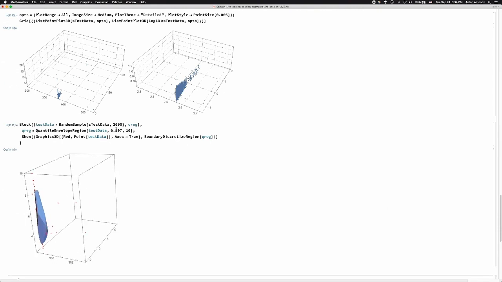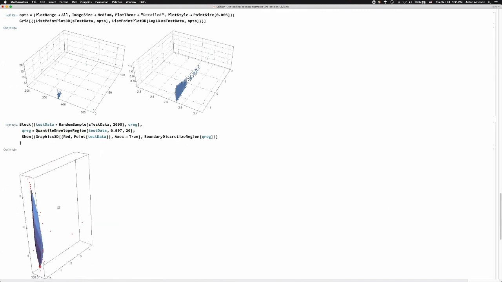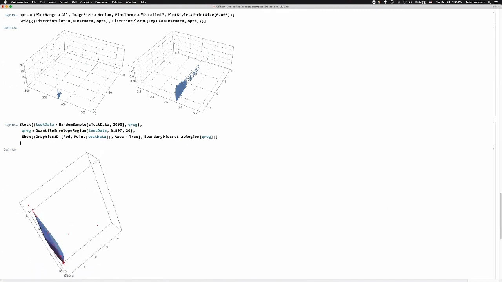And you can see I used 99.7%, right? And 10 directions. Maybe if I feel brave, let me increase the number of directions. But also the sample of points is different.